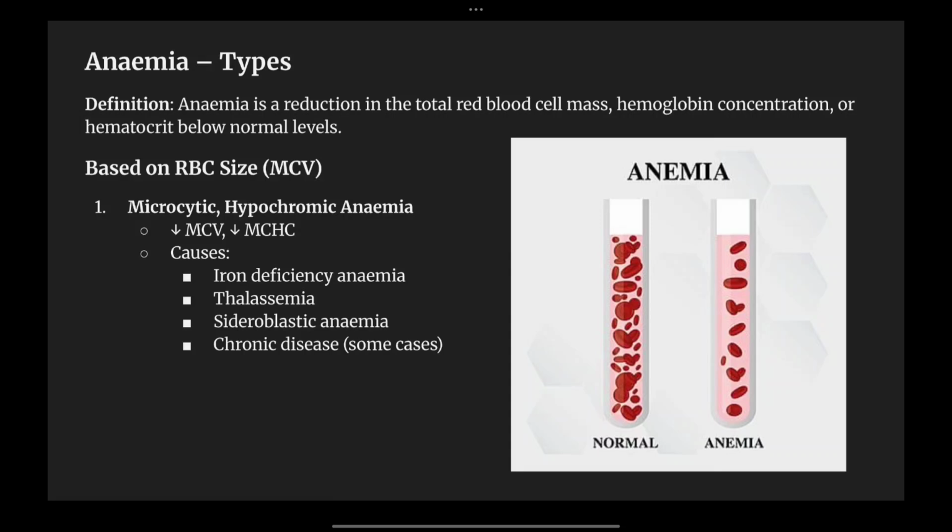Iron deficiency anemia: there is no proper iron content being delivered inside the body, or the person is not taking much iron rich foods. Thalassemia and sideroblastic anemia, and chronic diseases could also cause anemia. If the person is having cancer or jaundice, they are said to be anemic because of the lower concentration of RBCs or the hemoglobin concentration.